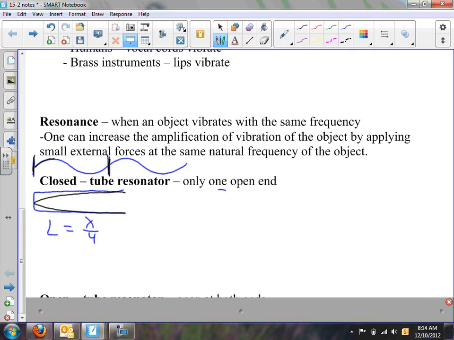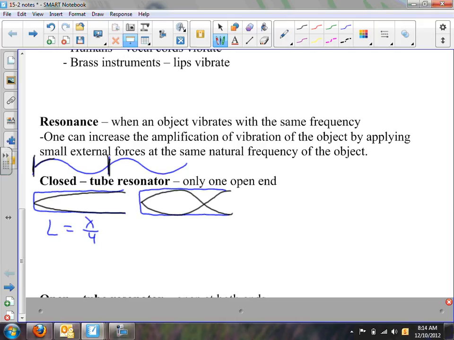If we take that same closed tube, open at one end, again, anytime you've got a node at the closed end and an antinode at the open end, it will resonate. So this can happen at other places. You could have a compressed wave a little bit that looks like this.